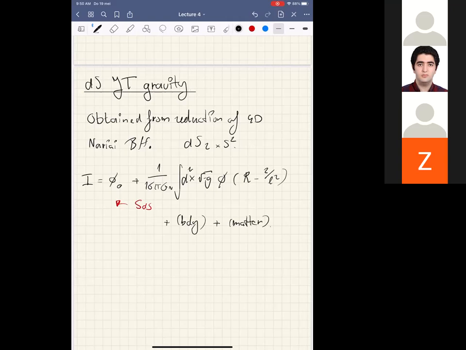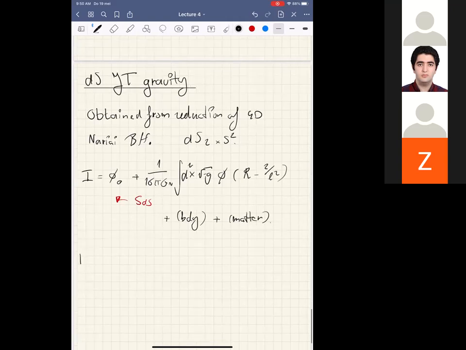Okay, so when you look at the equations of motion for this particular theory, you find the following result. There are 2 equations of motion, one associated with the metric and one with the dilaton. The metric equation of motion, which is the generalization of the Einstein equation, is given by the following.